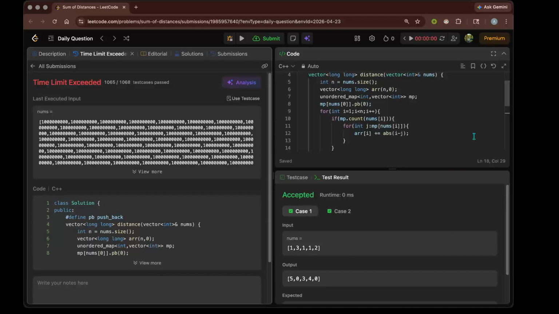Let's say we can't find the same element, let's say we found it here. So we should know the index where we found it last. So it would be the difference 2, and then how many elements are there.